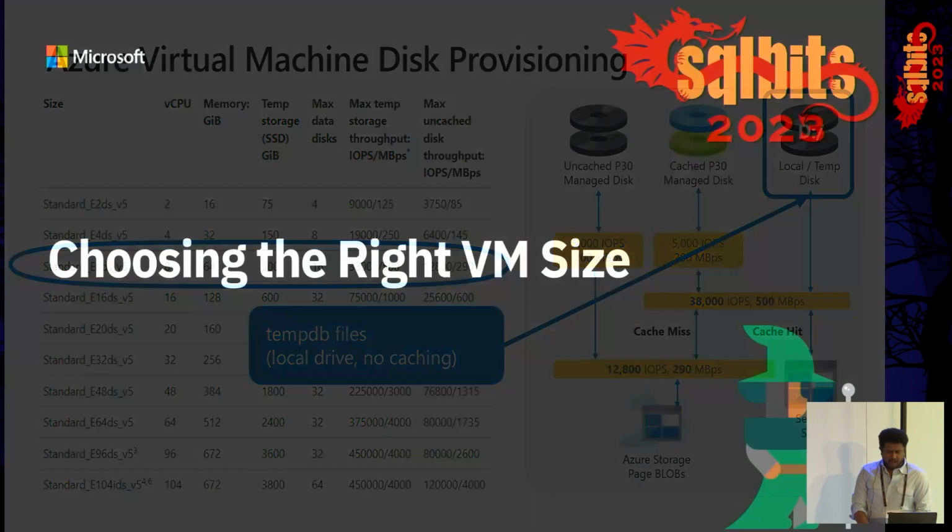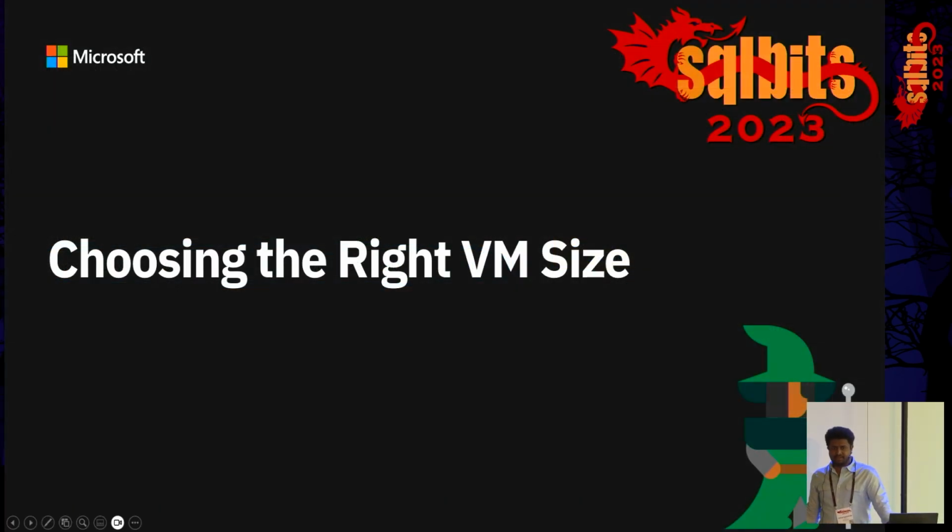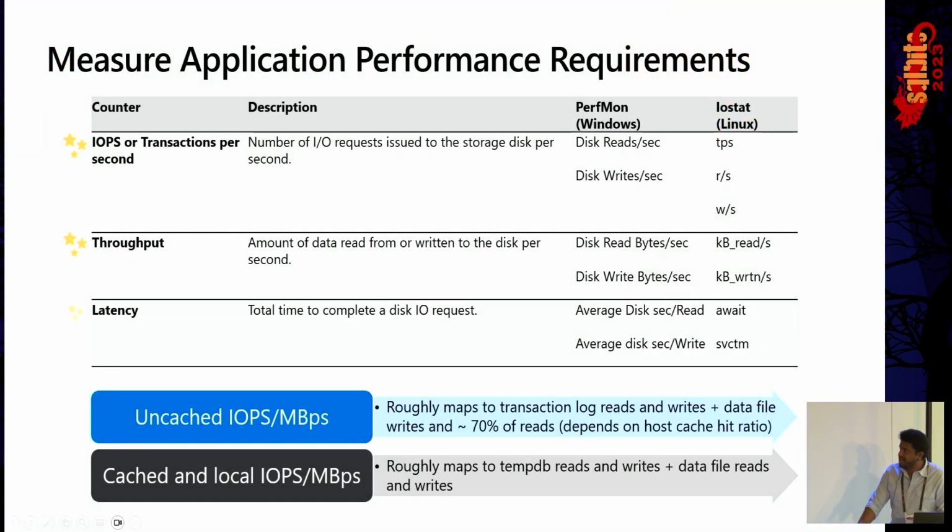Now, choosing the right VM size. How should I choose the right VM in Azure? The way you choose the right VM in Azure is by actually measuring it. You take your on-prem workload. You need to see what is the throughput of that workload, what is the latency of the workload, what is the IOPS of that workload.